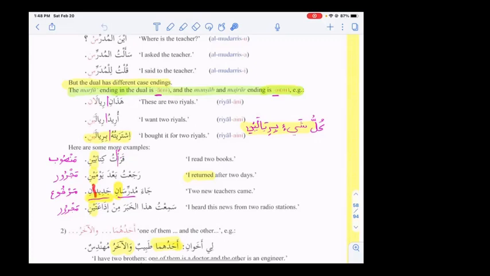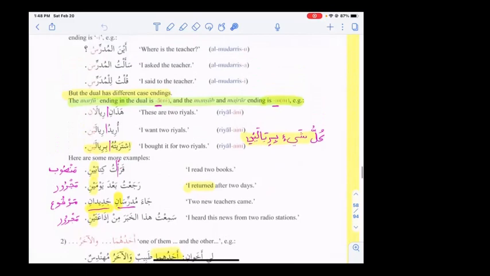So this is also marfu. I wrote here marfu. Sami'tu, I heard this news from 2 radio stations. Iza ataini, so men came. Iza ataini became majroor. What is the sign of its majroor? Ya. This is what, inshallah, you will keep in mind.